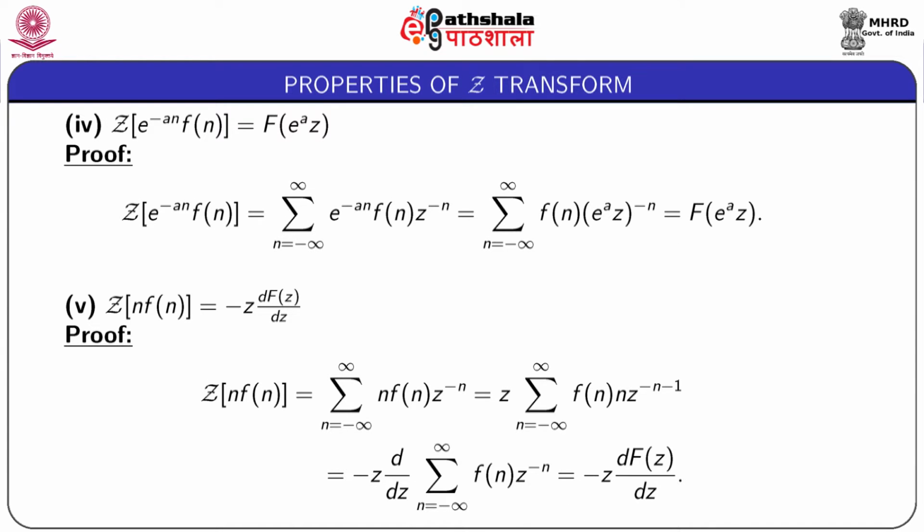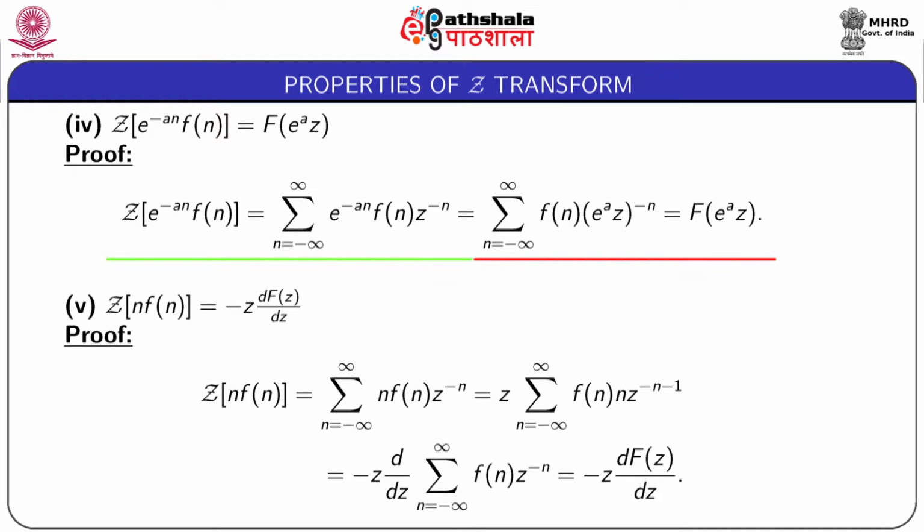Next, fourth property is Z transform of e to the power minus a n fn is equal to F of e to the power a z. For proof, we start with Z transform of e to the power minus a n fn, which is equal to, according to definition, summation n equal to minus infinity to plus infinity e to the power minus a n fn z to the power minus n.